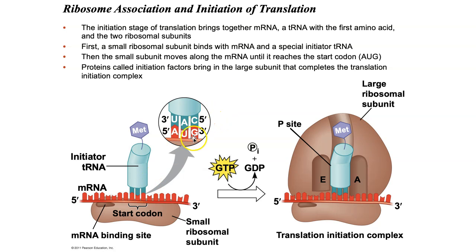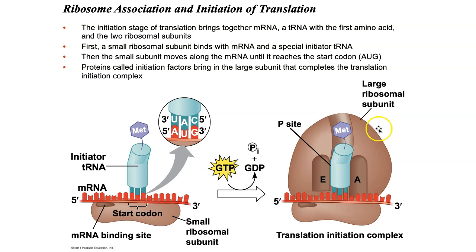So the red is the codon here, AUG. Here's our anticodon, UAC, right? Those are the proper complementary base pairs there. The tRNA associates, we have methionine. Now, with a little bit of energy, we have a GTP, which is just like ATP.